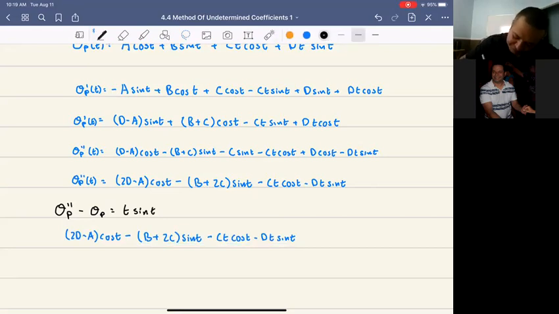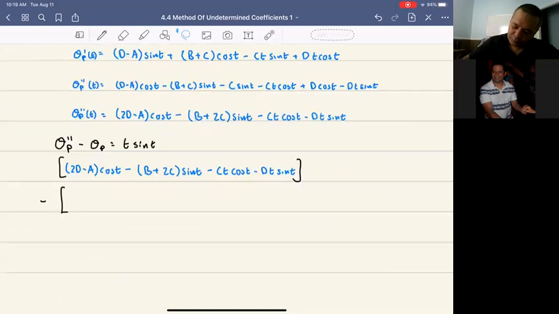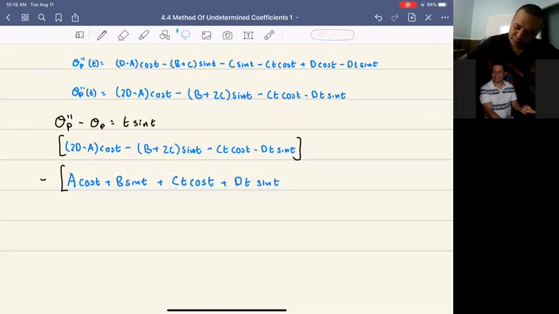Minus, let's put a big old parentheses around theta p, which was up here, has to equal t sine of t. Okay, let's make that all blue.